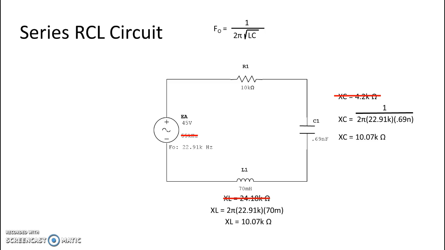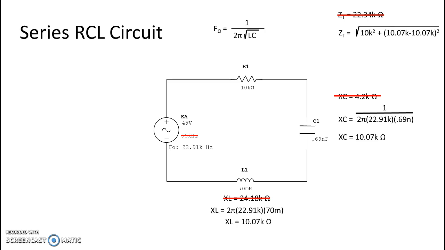Alright, impedance is interesting. I'm going to throw that formula up because I want to talk about it for a minute. You will notice the impedance formula. There's your resistance, your 10k. But you will notice where your ohmic value for your inductor and your capacitor goes. I put those up. They are the same. So if I take 10.07 k and I subtract 10.07 k, I get 0.